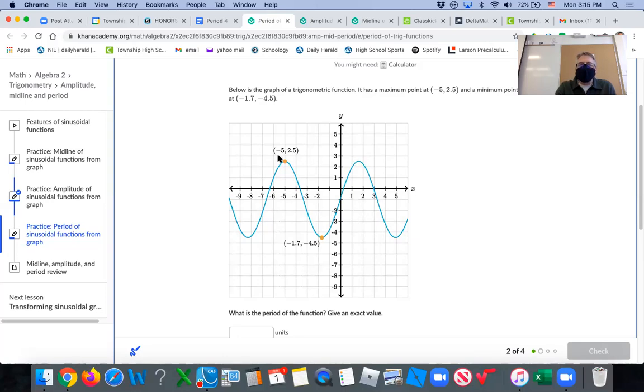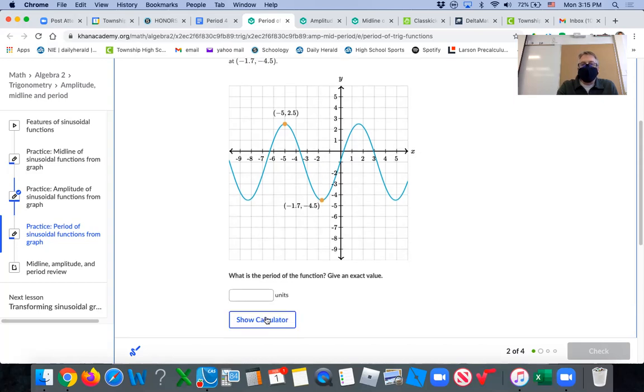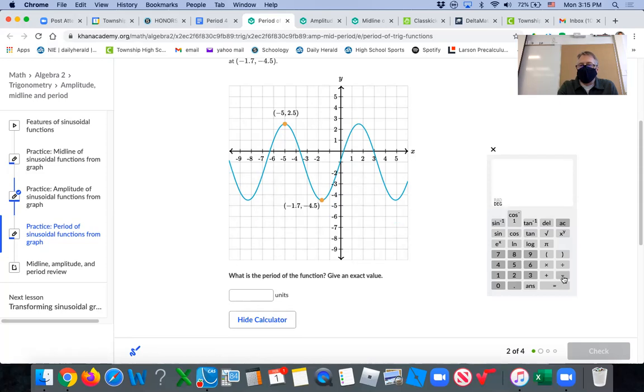So I know that from -5 to -1.7, well, that is a length of 3.3 from -5 to -1.7. That's a length of 3.3. And so then if I did -1.7 plus 3.3, I'm going to get 1.6.